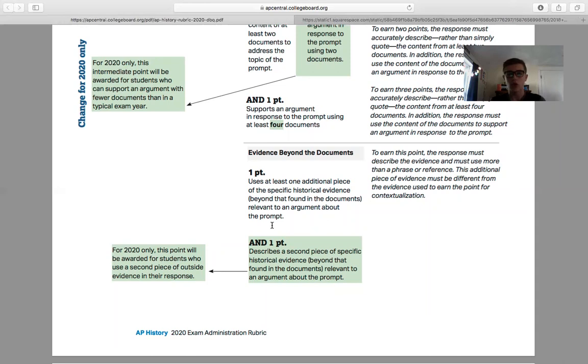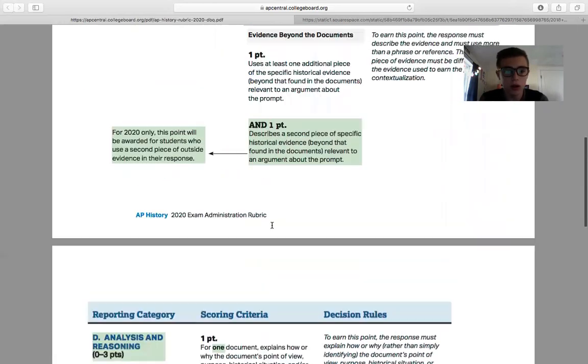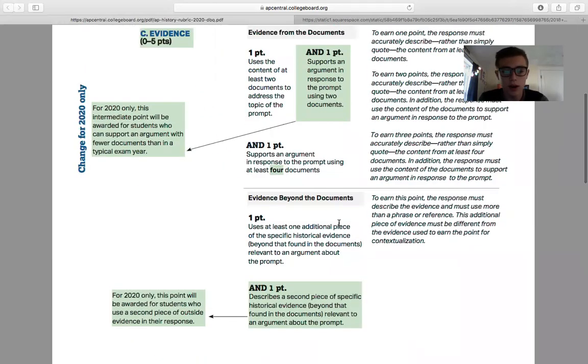And it's going to have to be something different than your contextualization. So that's what's going to be important there. And you've got to do it for 2 to get the points. And this is new this year. You have to do it for at least 2.